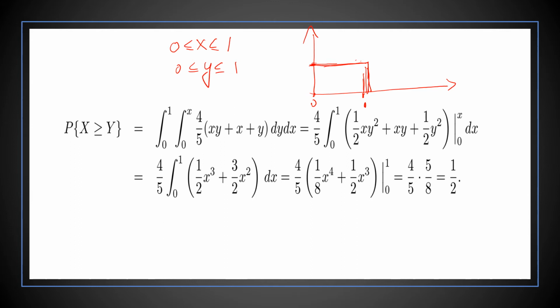The density curve must be defined only in this region. We are trying to find P(x ≥ y). So let us see what this line is. Suppose if I would like to find what y = x is, y = x is this curve here. This line is y = x.